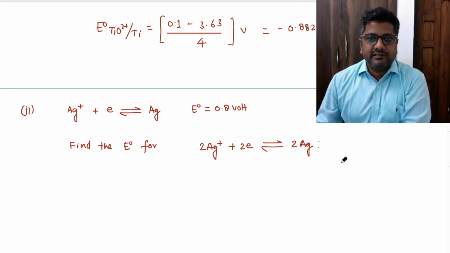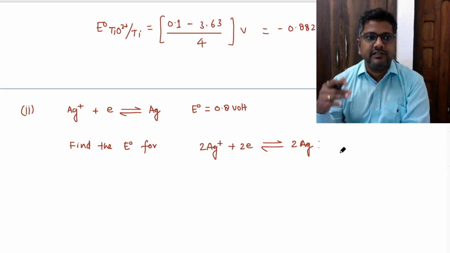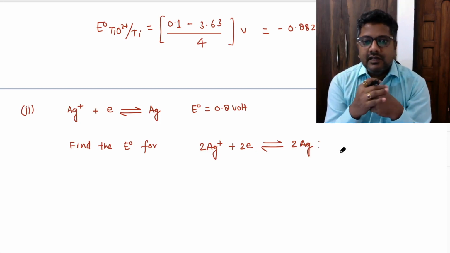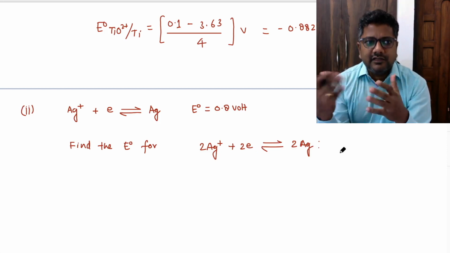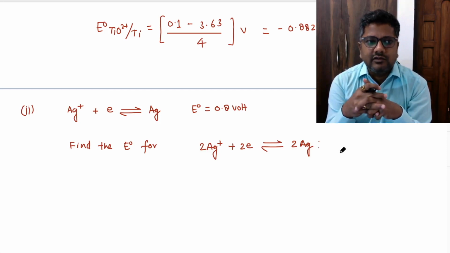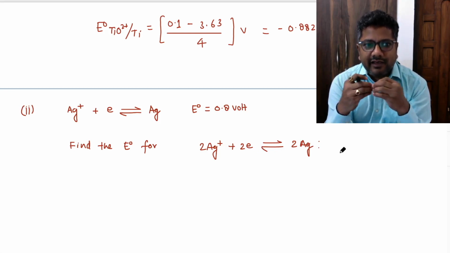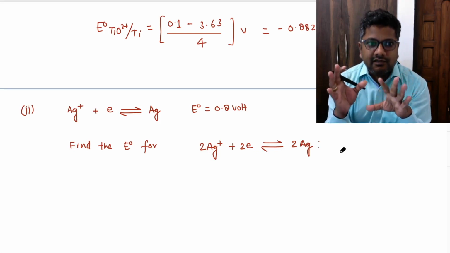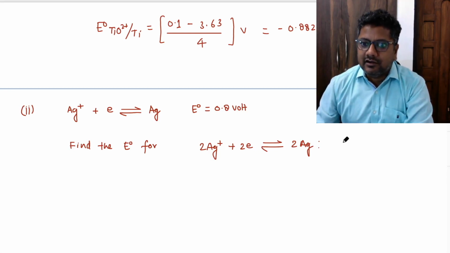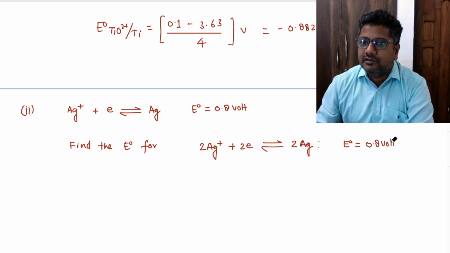As per the thermodynamics, all of you are knowing in thermodynamics, if you multiply any equation by any factor, then the thermodynamic parameter will also change in the same manner. But remember, this is an intensive property, so it is independent of multiplication, division of any equation by any factor, right? So the E naught is still 0.8 volt, right? You may put question why.